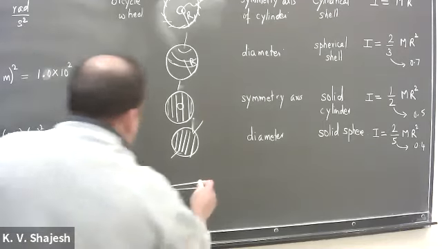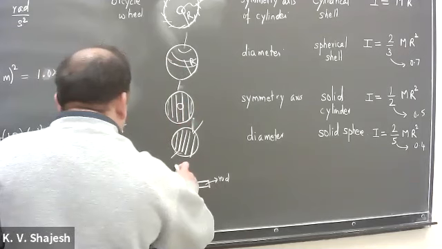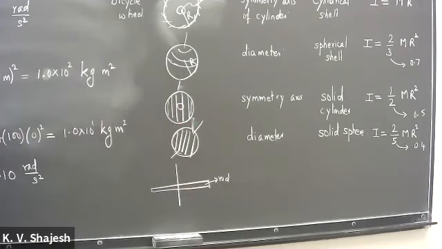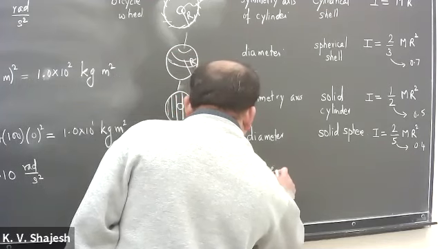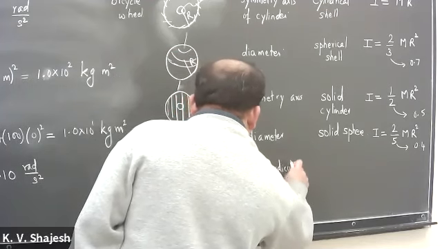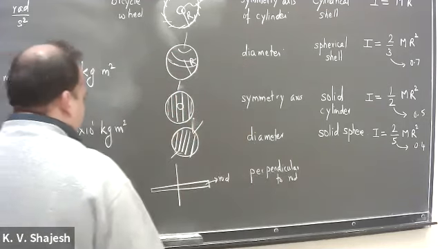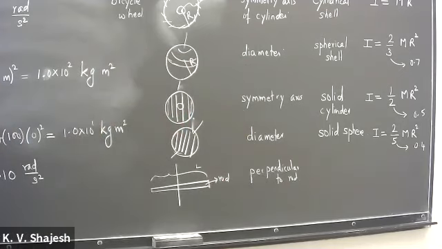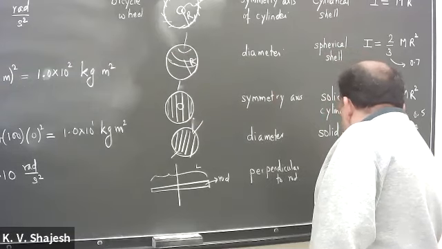So that's your rod, and let us say the axis passes through the rod, exactly perpendicular to it. There's a length I need for this, so this is the length L of the rod.